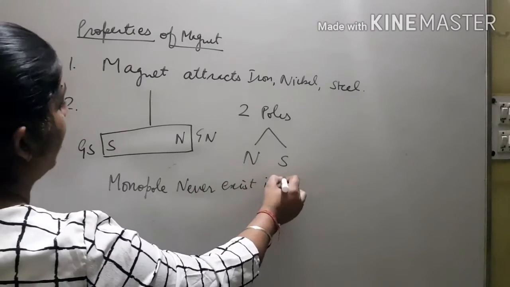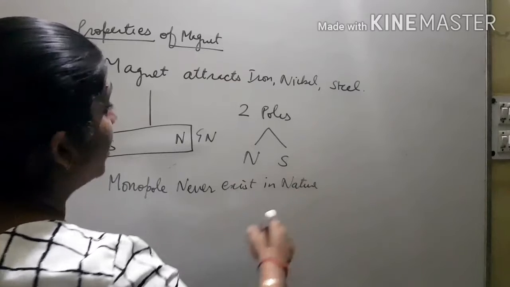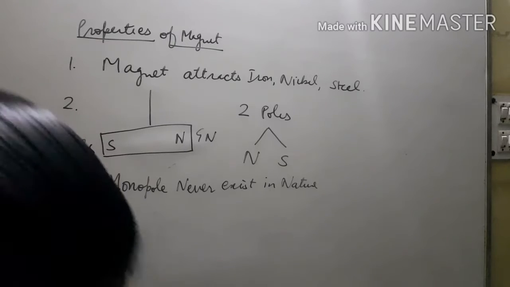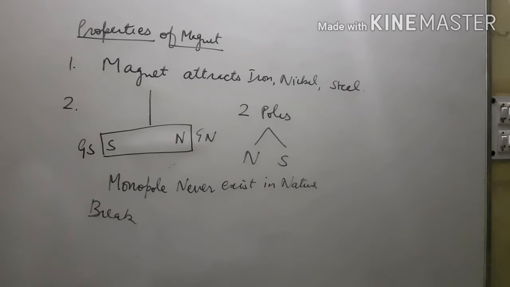If we break a magnet into smaller pieces, each piece again becomes a new magnet that also has two poles, north and south.